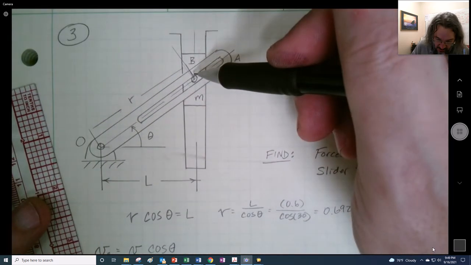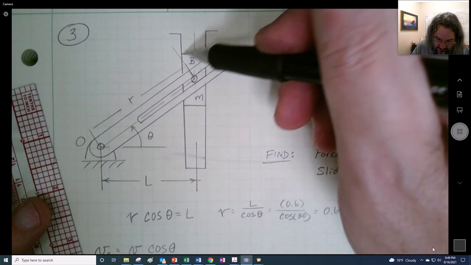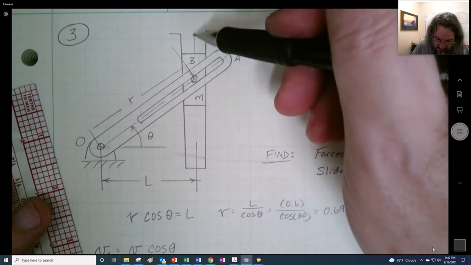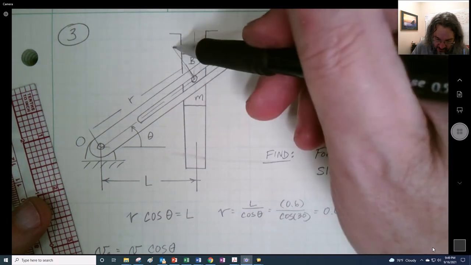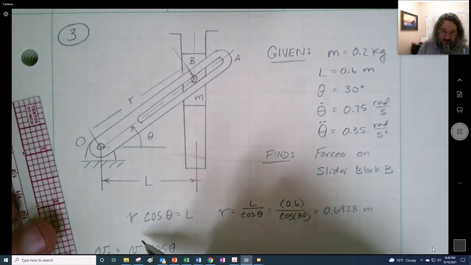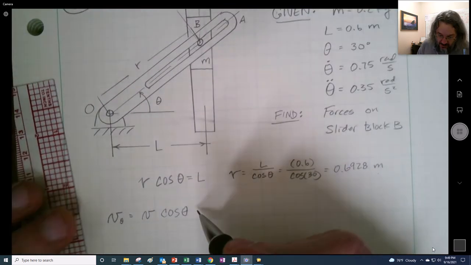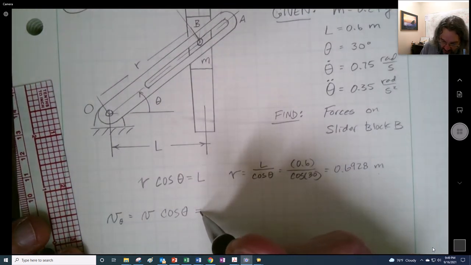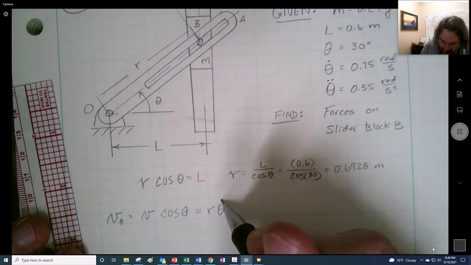So this is the hypotenuse because this is the actual value, and we want the component of it. That would be true, and therefore that's equal to r theta dot.